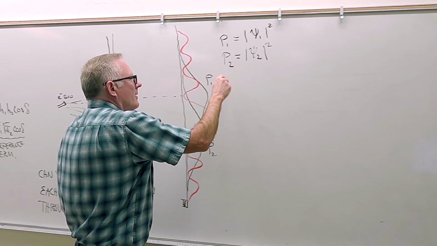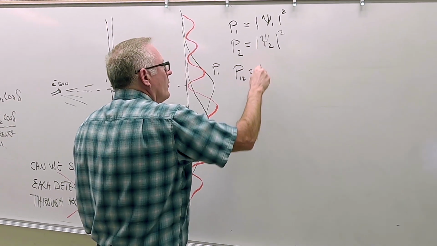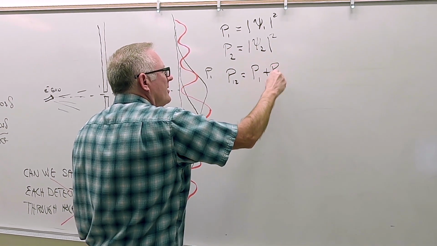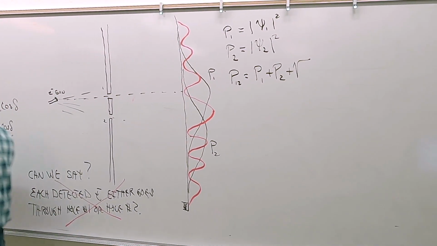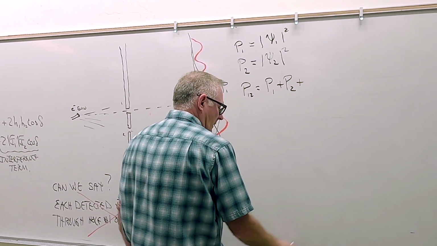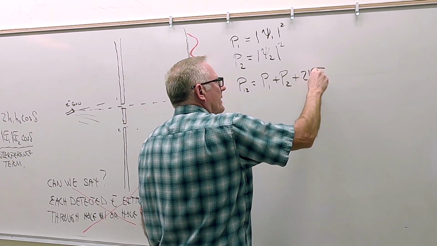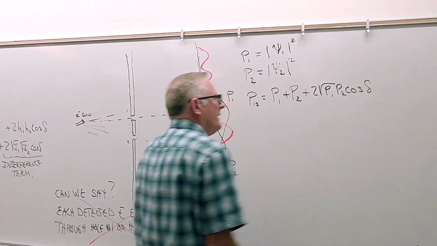So P12 is going to have to be P1 plus P2 plus 2 times the square root of P1 P2, cosine of the phase angle between the two waves.